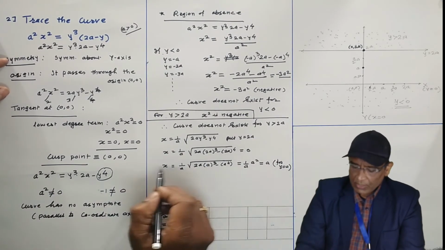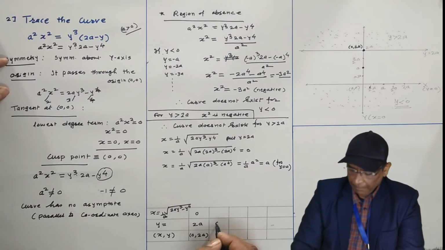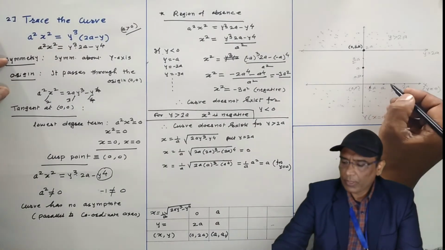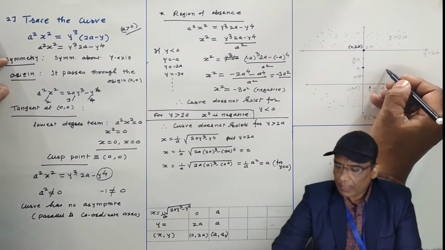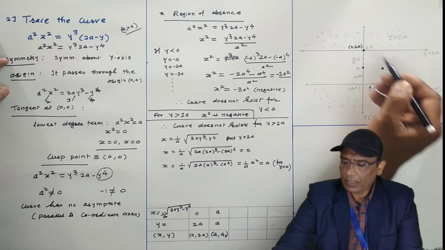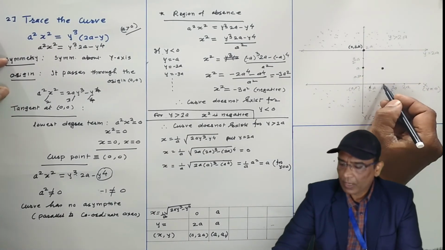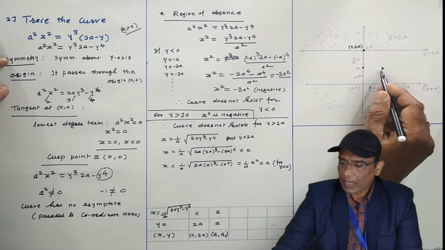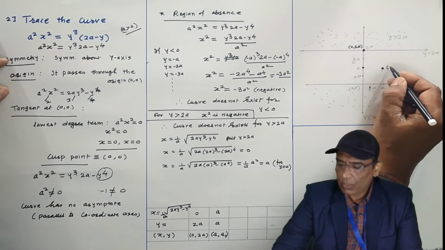If you put y equal to a here, then the value of x is also a. The second point is a comma a. This is the first point, this is the second point. x equal to a and y equal to a. The coordinates of this point are a comma a.